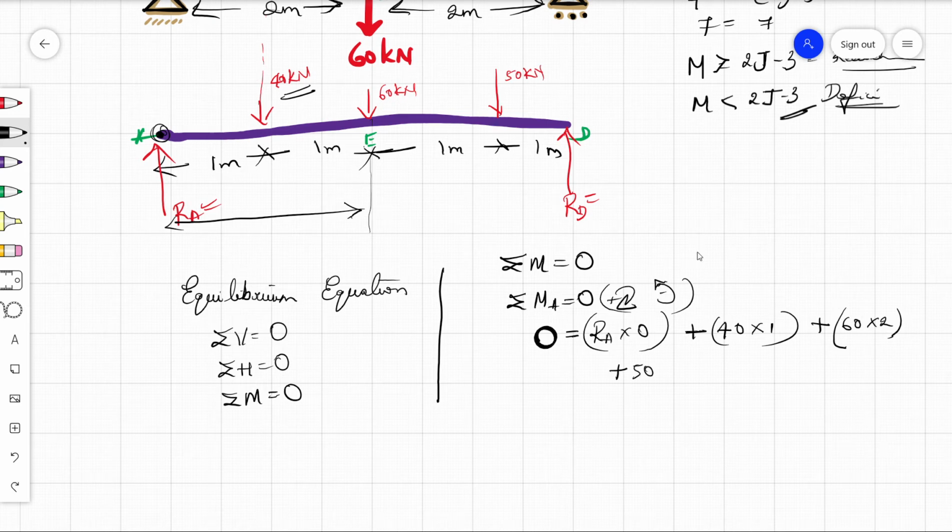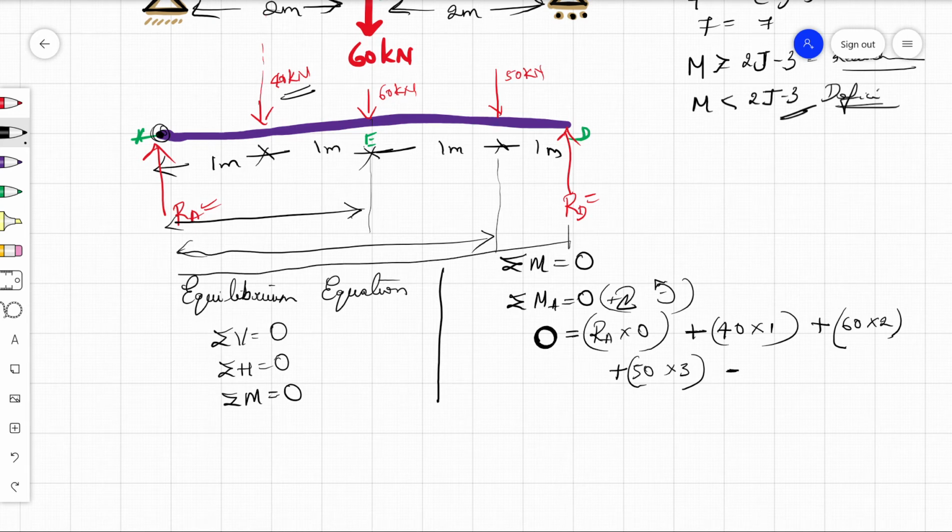It is also clockwise, that is 50 into the perpendicular distance, which is 3 meter. And the last is RD. RD is making negative, anti-clockwise. The perpendicular distance is 4 meter, so RD into 4.